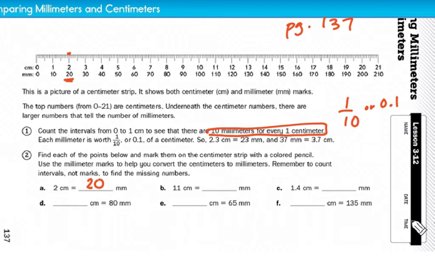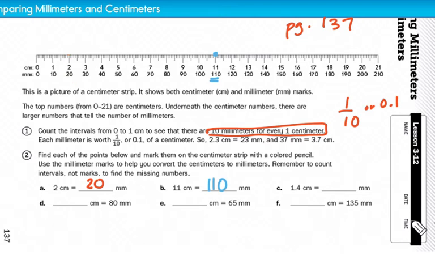Next, we're going to move to 11 centimeters. Go ahead and make a mark on 11 centimeters. There are 10 millimeters in every centimeter, so I really just have to take 11 times 10, which would be 110. Make sure you're filling this in on page 137 in your white Unit 3 math packet. The next one is 1 4/10 centimeters.